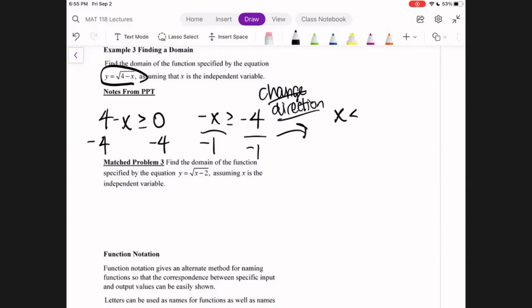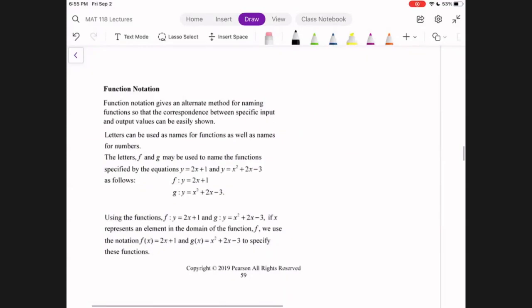So x would be less than or equal to 4. So this is your domain. Or you could write it as interval notation, as we've learned from previous sections. Okay. You could practice with match problem 3 here.